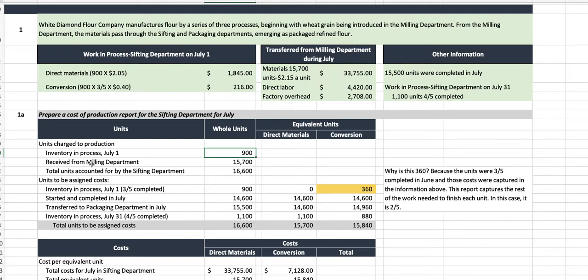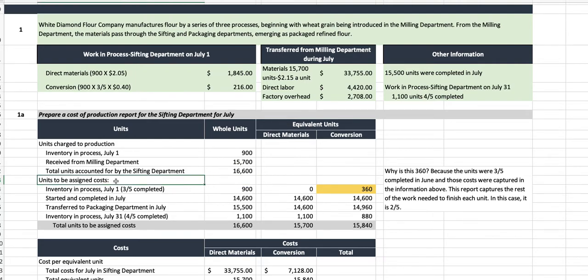Now we also want to incorporate any units that we have received from the milling department throughout the month of July. And we have 15,700 units, and we got that up here. We see that materials for 15,700 units were transferred into the sifting department. Now, the total units is simply a sum of those 2 items, the 900 and the 15,700.